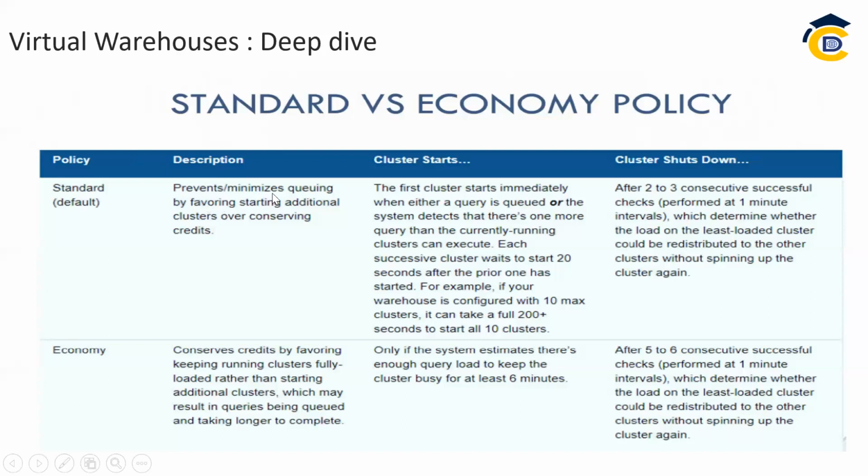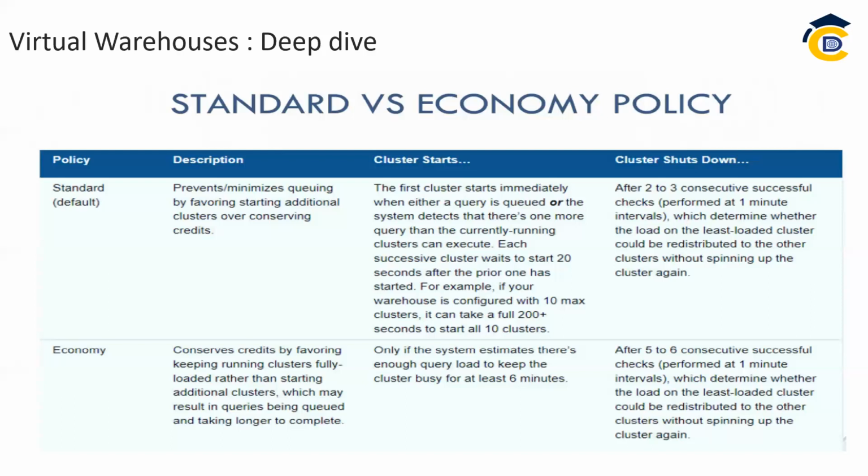Prevents or minimizes queuing by favoring starting additional clusters over conserving credits. So if you have additional clusters configured for your warehouse, and if the queries come and get queued, it will not wait for anything. It will simply spin up the new clusters, provided you have configured so many clusters while configuring the warehouse.